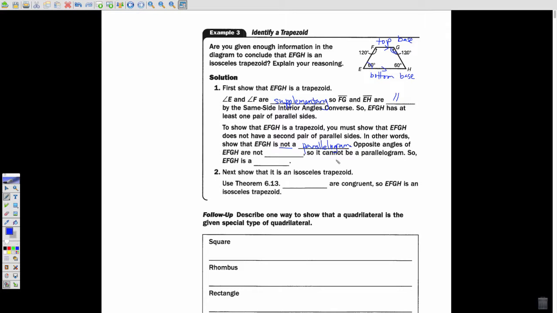These opposite angles are not congruent. So it means that this is not a parallelogram. If I have a parallelogram looking like that, look at my opposite angles. These two acute angles are congruent, and these two obtuse angles are congruent. But here, these two opposite angles are not congruent. Therefore, it cannot be a parallelogram. So we just proved that it's a trapezoid.